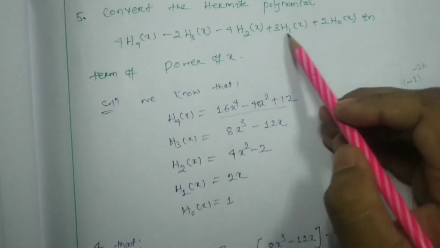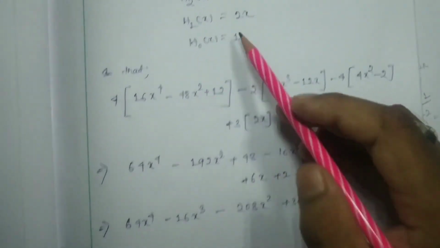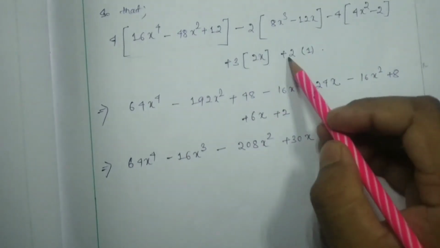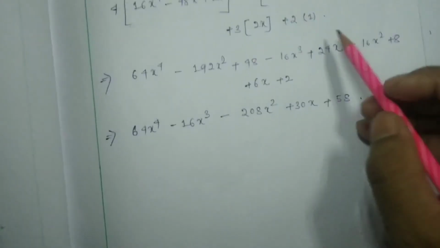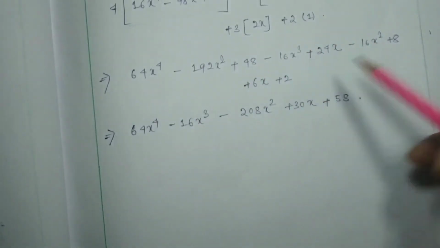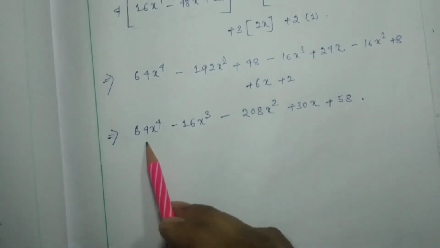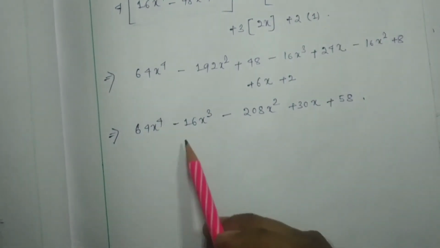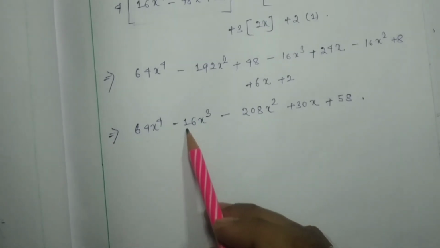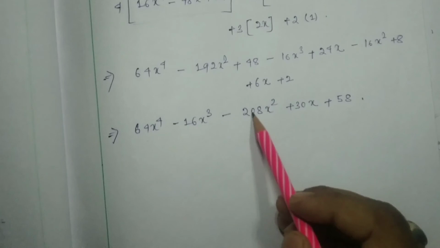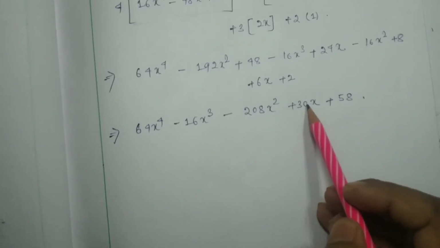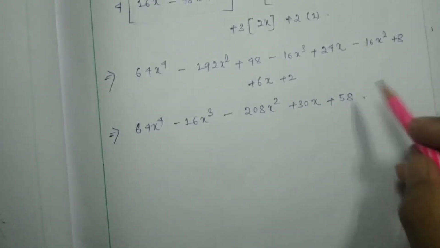Then 3 into H1(x), we know H1(x) equals 2x, so 3 into 2x, plus 2 into H0(x), which is 1. After simplification, we find 64x to the power 4 minus 16x cube minus 208x square plus 30x plus 58. This is your answer.